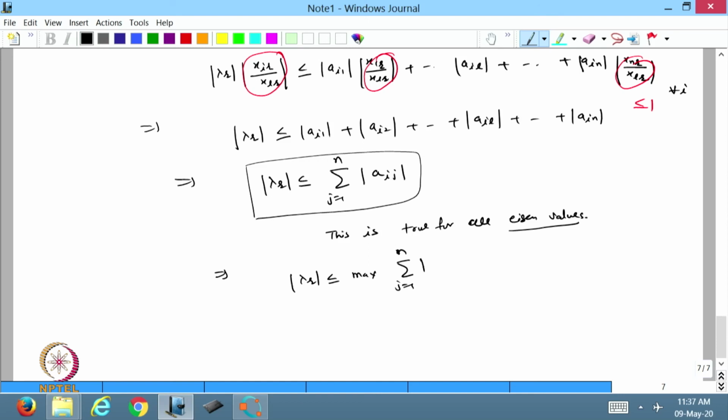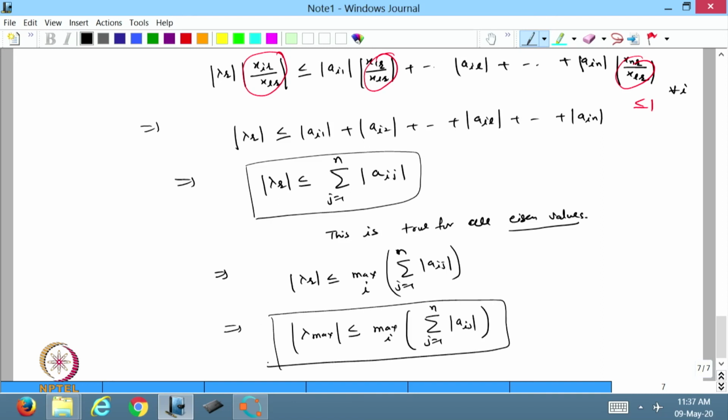So, this is also true. And from here I can write that lambda max will always be less than this, because this is true for all eigenvalues.